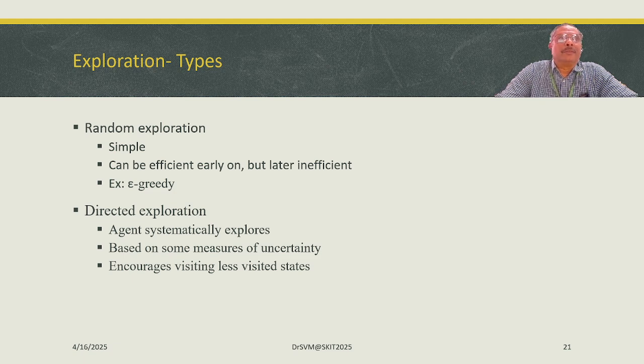The one which is less known is more preferred than the one which is well known. So directed exploration ensures that the less explored regions of the environment are given priority.